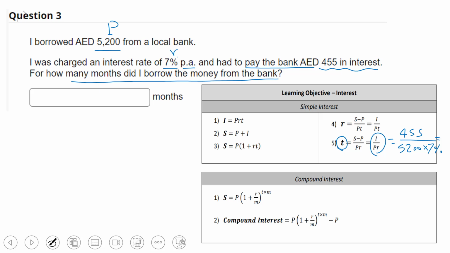So by your calculator, you will get 1.25 years, right? But he's asking you to have this in months. So 1.25 years, he's looking for months. So I have to multiply by 12. So it will equal 15 months.